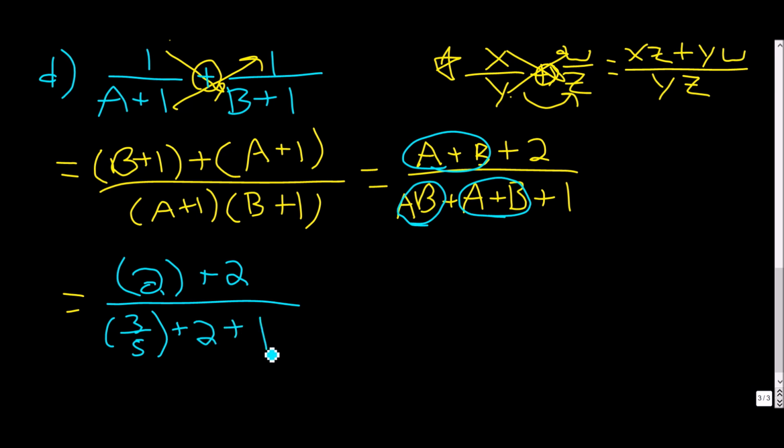We can see this is 4 divided by, so 3/5 plus 3 is going to be 18/5. If you're ever dividing by a fraction, it's the same thing as multiplying by its reciprocal. This is the same thing as 4 times 5/18, so we're left with 20/18.